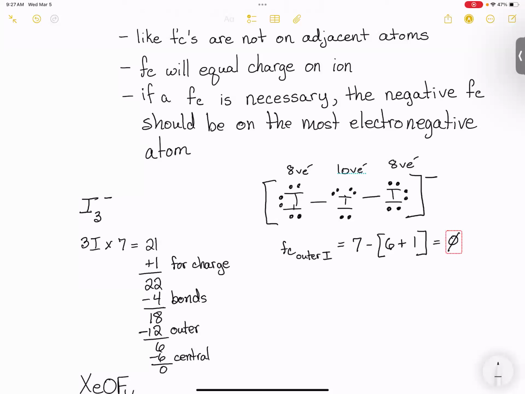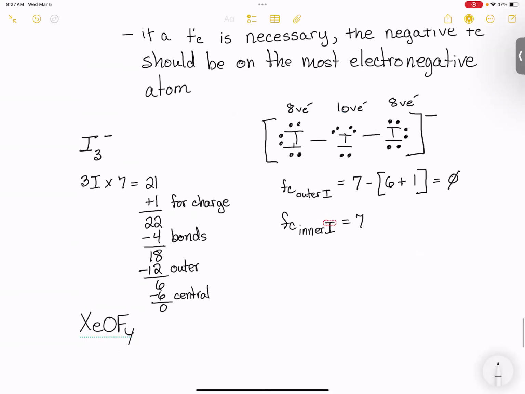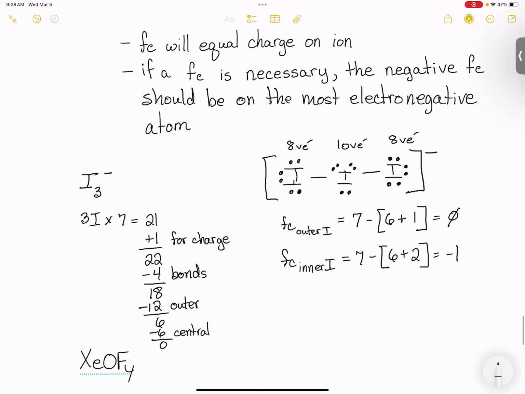Now let's look at the formal charge of our inner iodine. The inner iodine is going to have 7 valence electrons, minus 1 for every dot. It has 6 dots, plus 1 for every bond. It has 2 bonds. So it has a -1 formal charge.